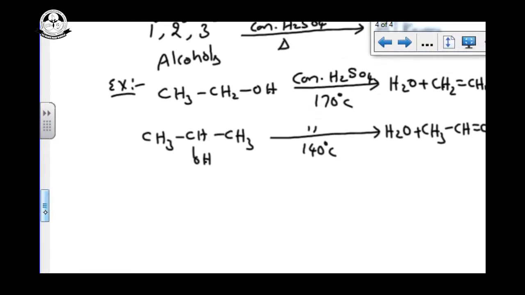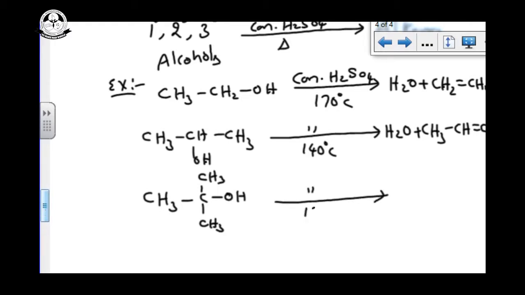Another example, I am taking the tertiary alcohol (CH3)3COH. Same, but at 100 degrees Celsius. Here also removal of water. The answer is (CH3)2C=CH2.